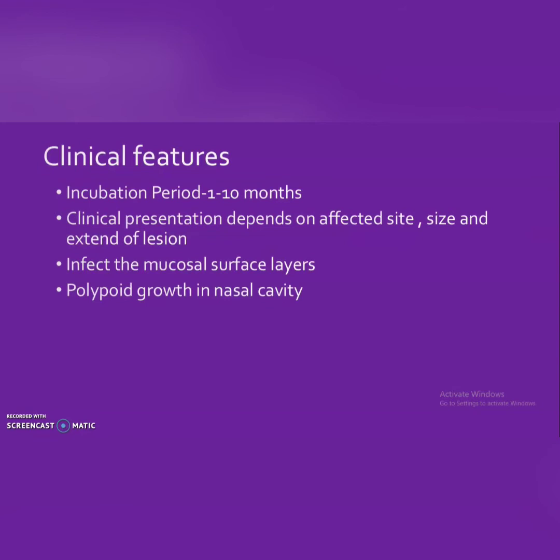Then clinical features: the incubation period is 1 to 10 months, and the clinical presentation is different in different people, depending upon the affected site, size and extent of lesions. It mainly infects the mucosal surface layers, and polypoid growth is the main feature. It is mainly seen in the nasal cavity, because the nasal cavity is the most common site affected.